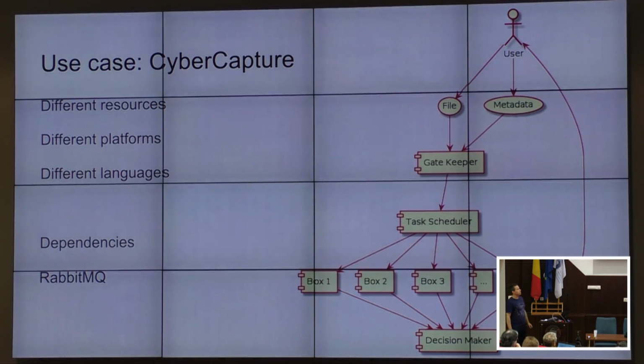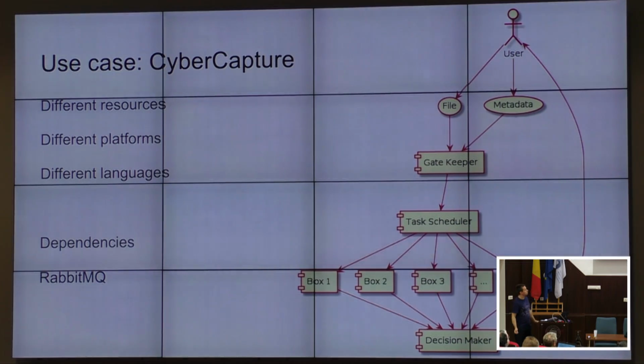The task scheduler runs different operations on that file, like those boxes, and it can repeat several procedures on the same file. Every box reports its results to the decision maker, and when the decision maker has enough information, it reports the result to the user.